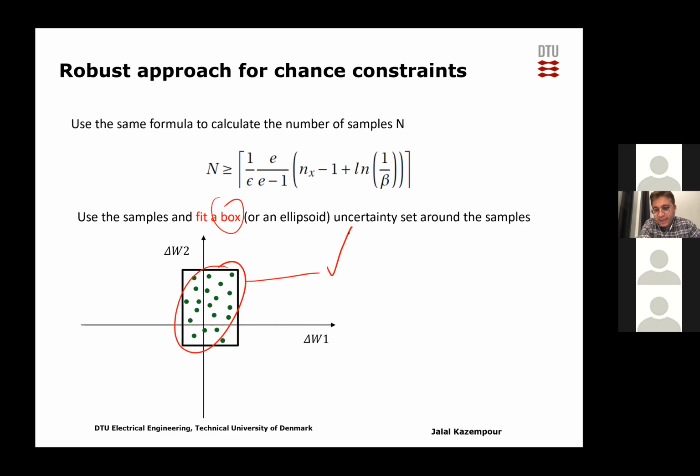Raja said, when we cast it as a scenario-based stochastic program, we consider all samples having equal probability. Yes, it's sampling. So it's like sample average approximation. So you see chance constraint is a generalized model.